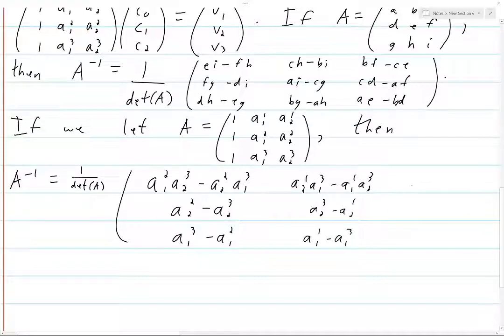Then last column, we get, let's see here, A11, A22 minus A21, A12, get A21 minus A22, A12 minus A11. Alright, cool.